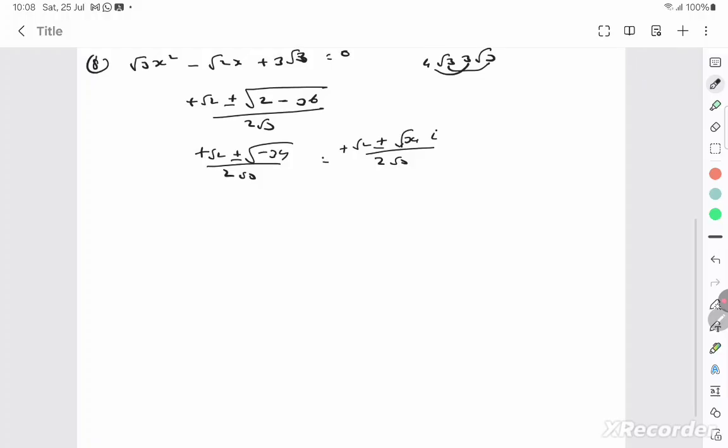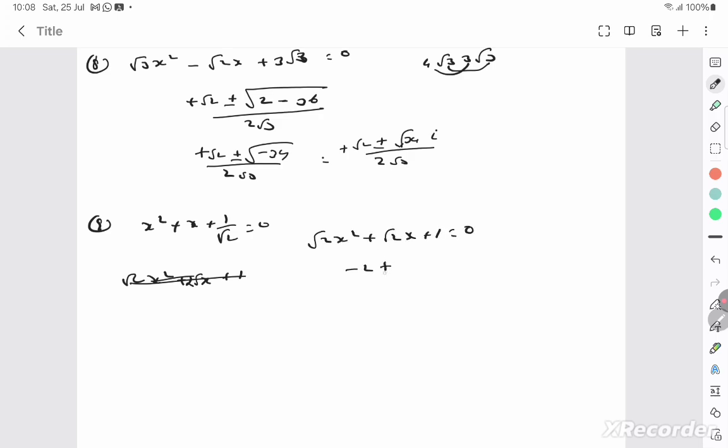And a little more is 9th question. X square plus x plus 1 by root 2 is equal to 0. Take LCM. Root 2 x square plus root 2 x plus 1 is equal to 0, so again minus b plus or minus root of b square minus 4ac by 2a.